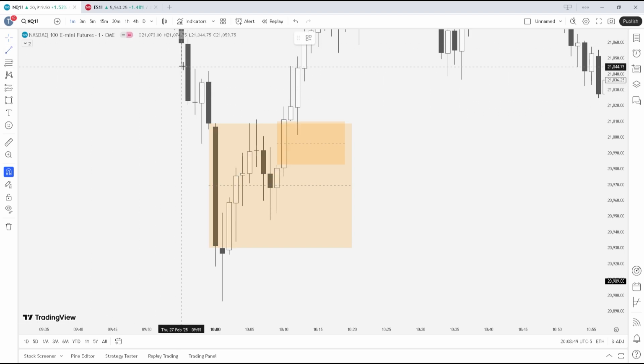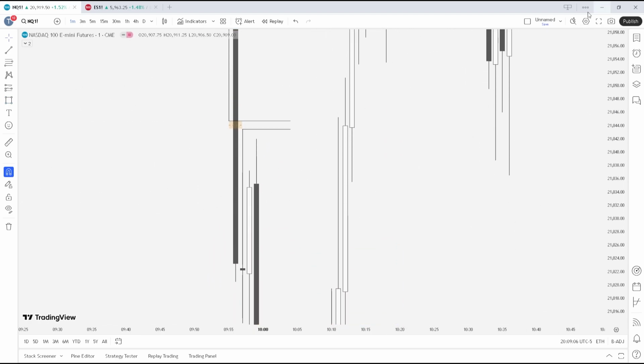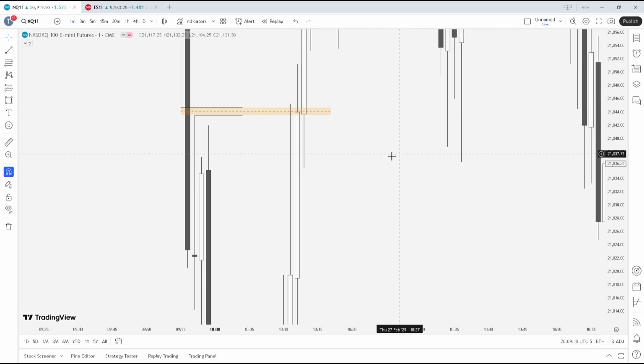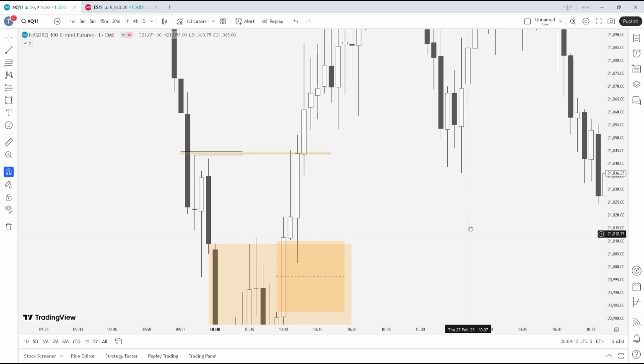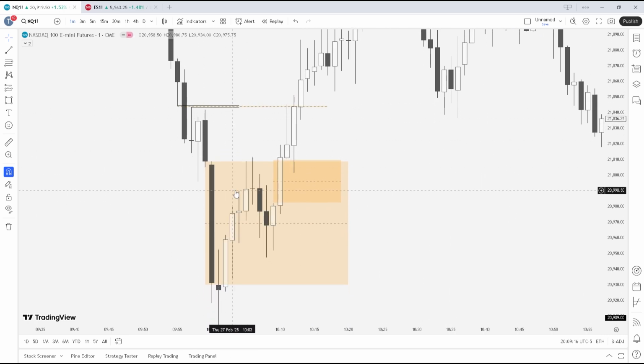The bottom of this wick is right here, and the top of this wick is right here, so there's a very tiny SIB right here. You could draw it out something like this, and I would have to zoom in so I can get this horizontal movement. Then you would mark it out like this. So these would be your SIBs and your BISIs.